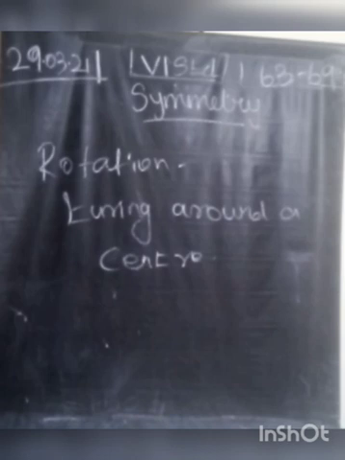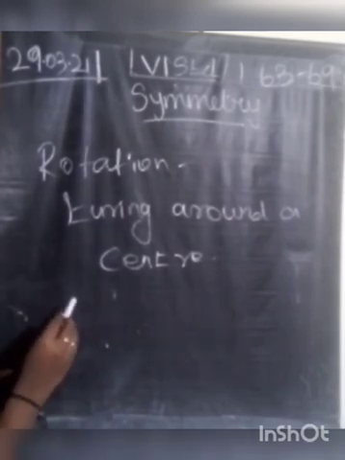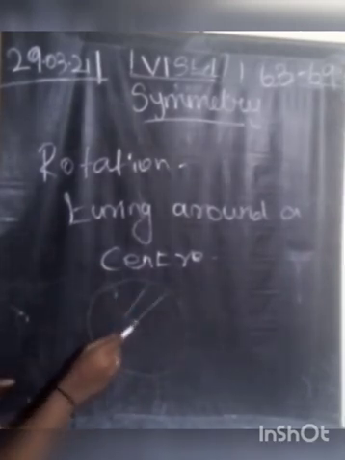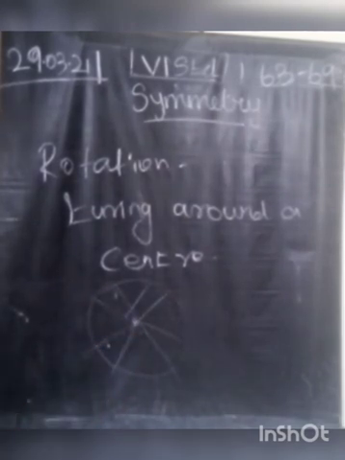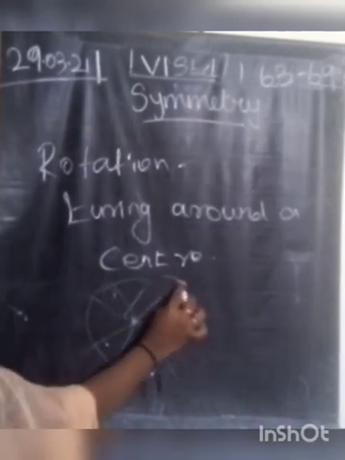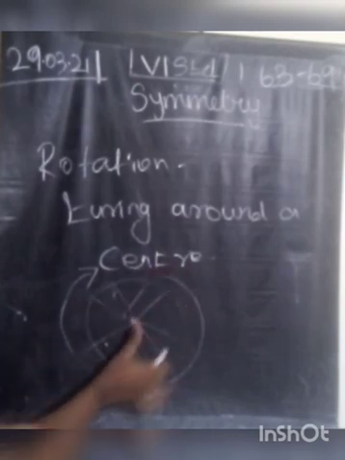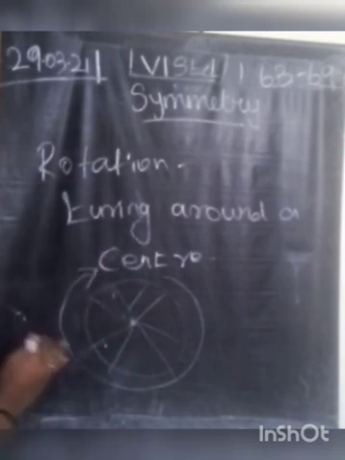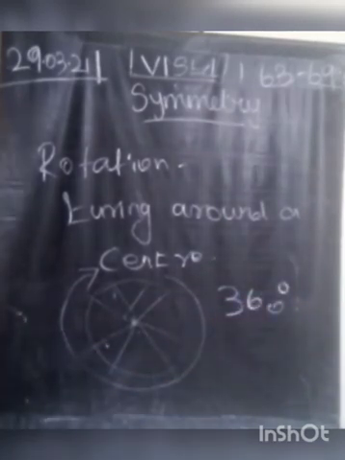Taking the example of wheels of vehicles, when one rotation is complete, the rotating object comes back to the position where it started. During a complete rotation, the object moves through 360 degrees.